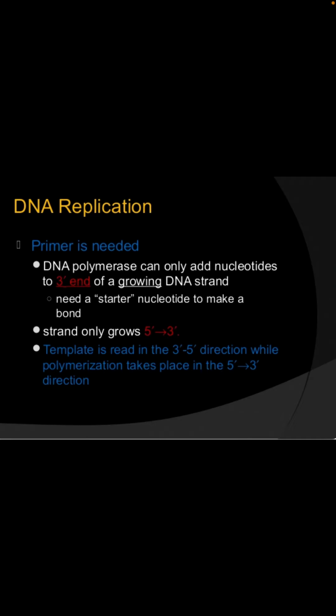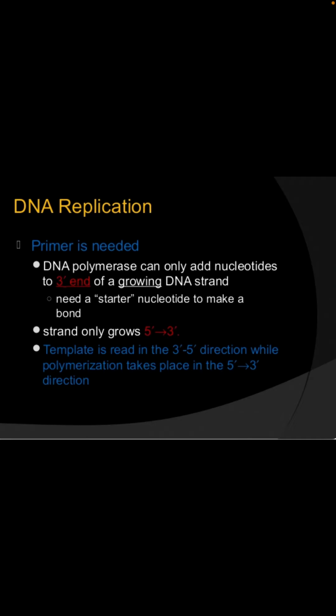In DNA replication, one strand is going to be made in the 3' to 5' direction and the other in the opposite direction. But the DNA polymerase can only work in the 5' to 3' direction. That's why the synthesis of the daughter strand must be in fragments.